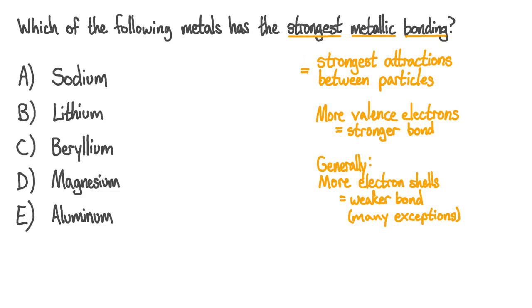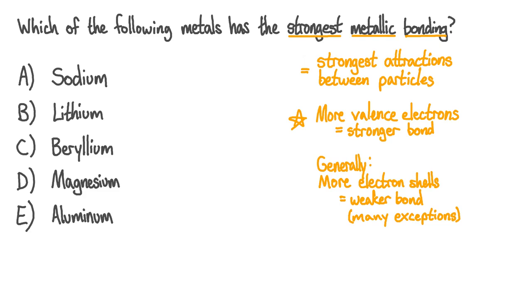The separation between the nucleus and the valence electrons that the extra electron shells provide weakens the attractive forces between the positively charged and negatively charged particles. However, this second relationship is not as strong as the relationship between valence electrons and bond strength.